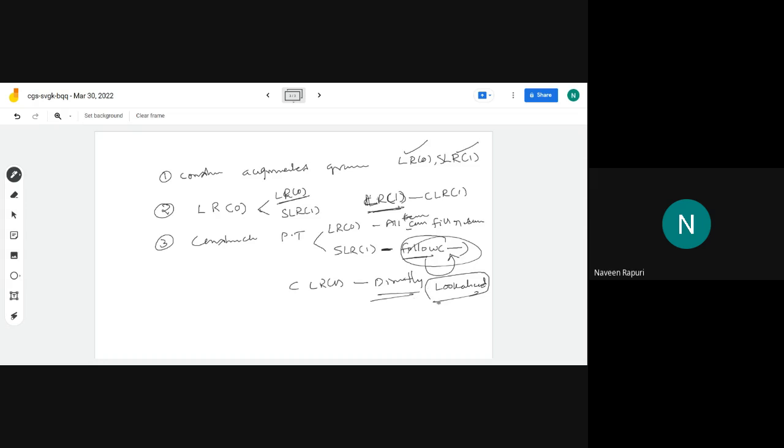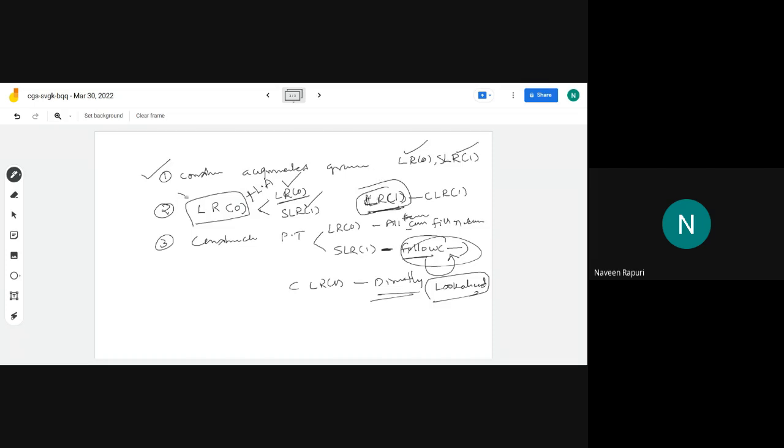So this is the way of constructing the parsing table of LR0, SLR1, and CLR1. For every parsing algorithm, we need to construct augmented grammar. After that, we construct LR0 items of DFA. By adding look-ahead symbols to the LR0 items, we get the LR1 items of DFA.